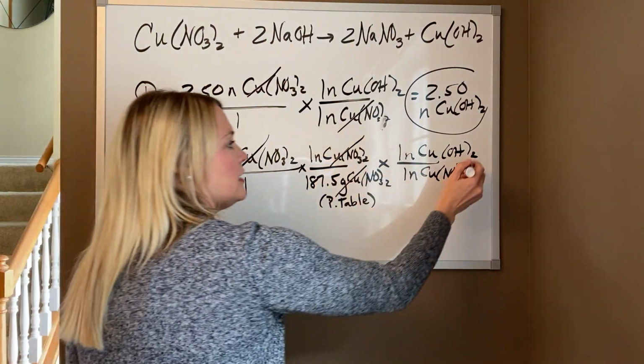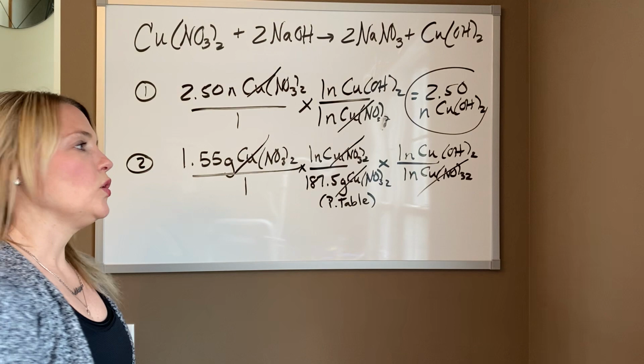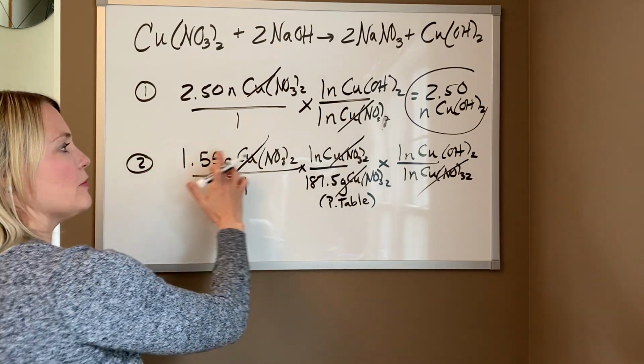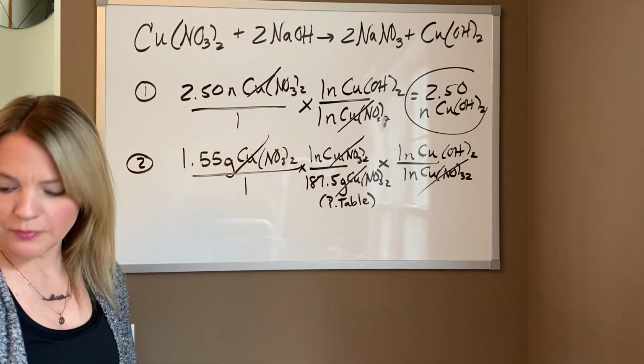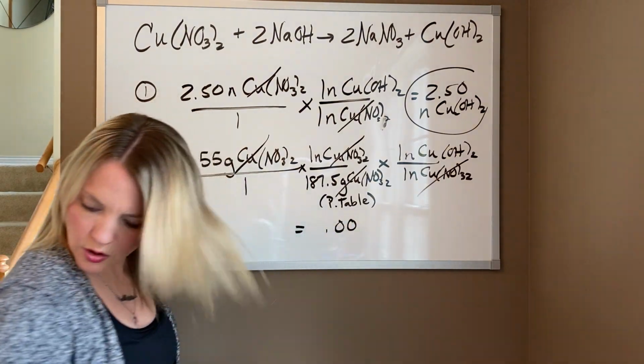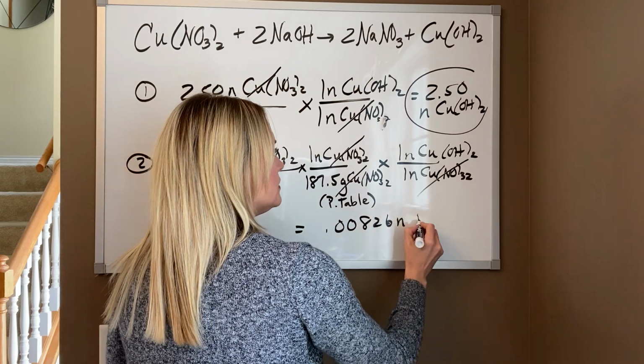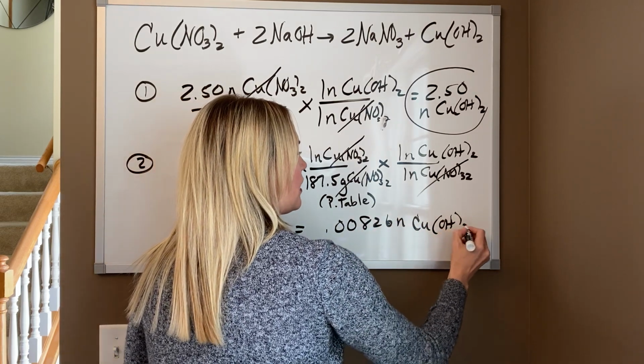So now my nitrate has canceled, leaving me in an answer in moles of copper hydroxide. I'm going to multiply the top, divide by the bottom, and I get an answer of 0.00826 moles of copper hydroxide.